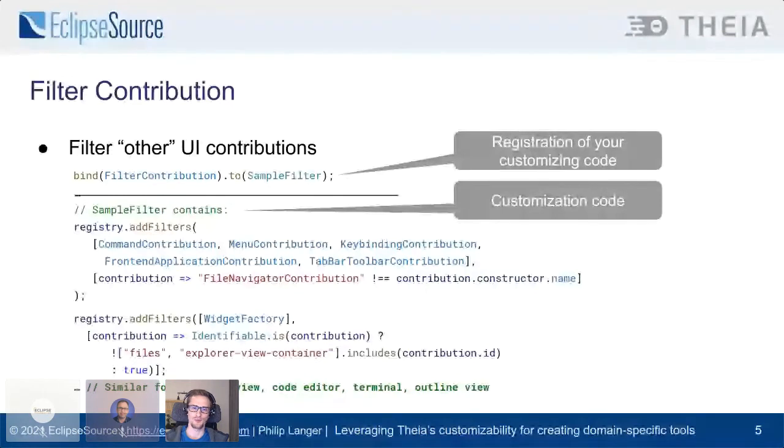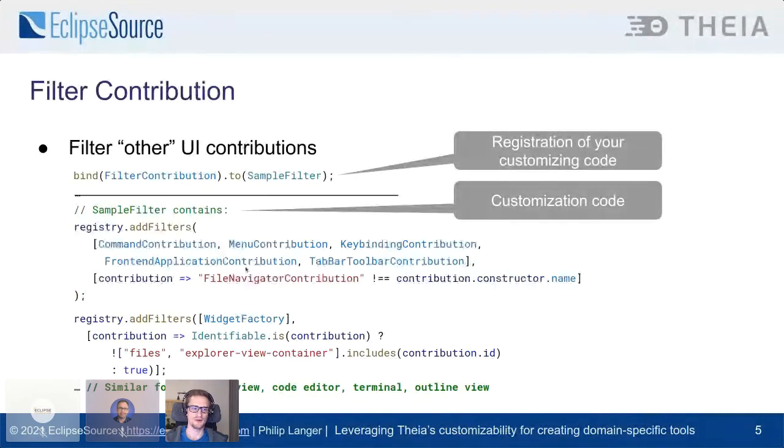I think what's most important to understand when looking at this code is that the upper area here is really just registration of your customizing code. So basically, we specify here a sample filter that we want to implement and want to hook it up as a filter contribution to Theia. And this lower part here is then your actual customization code that is being executed.